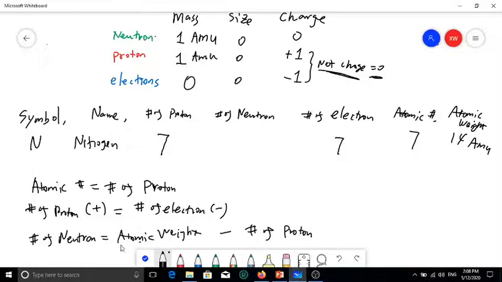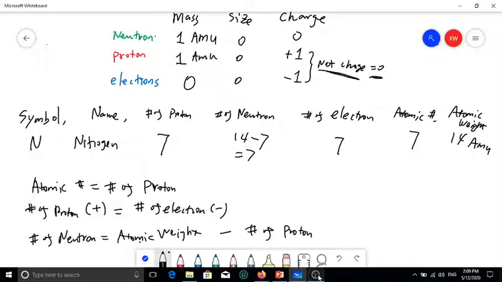So the number of protons and neutrons adds up to the atomic weight. In this case, 14 minus 7 equals 7, the same, but not necessarily always true. This is how we find all three subatomic numbers from the information on the periodic table.